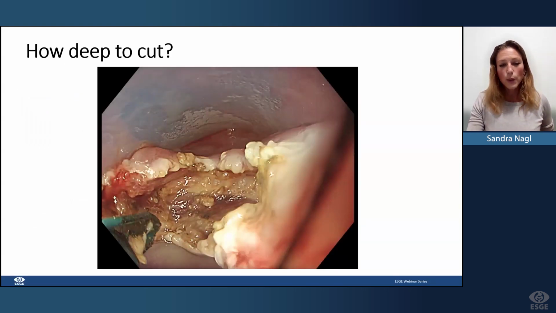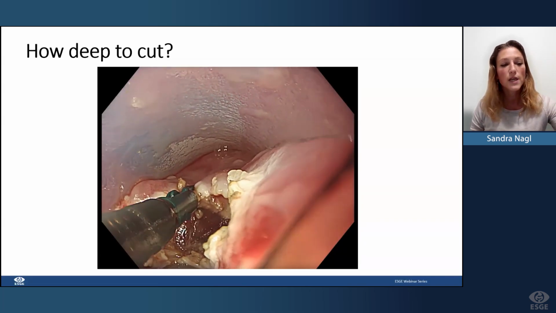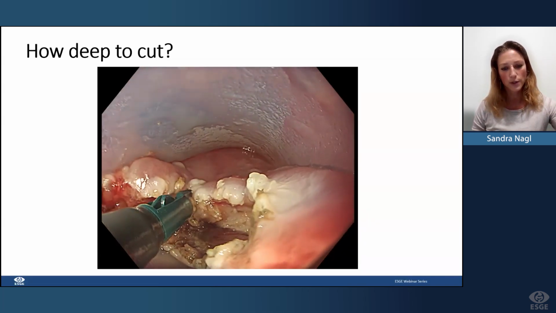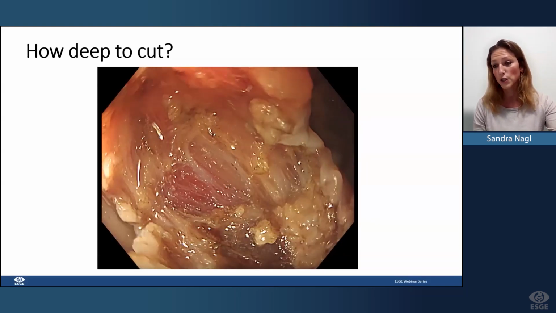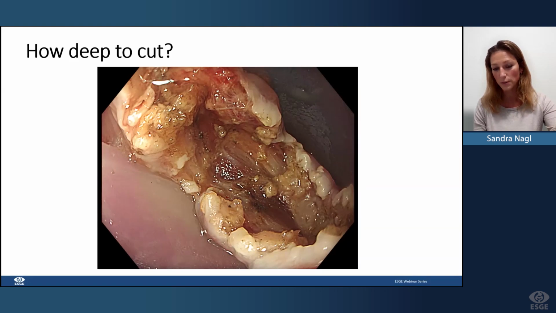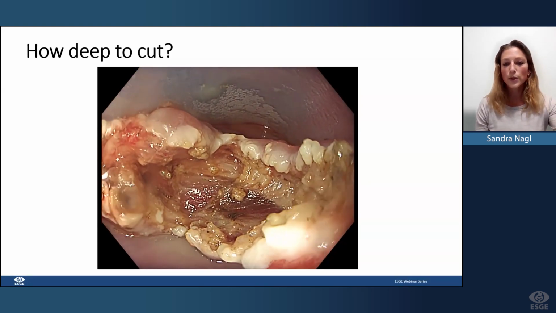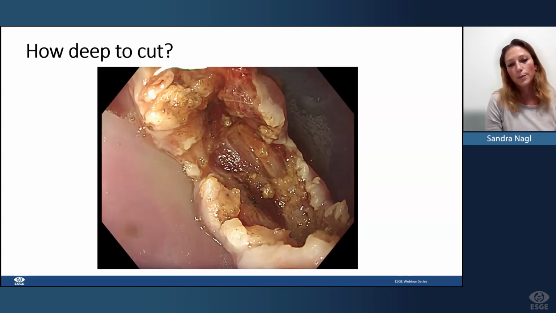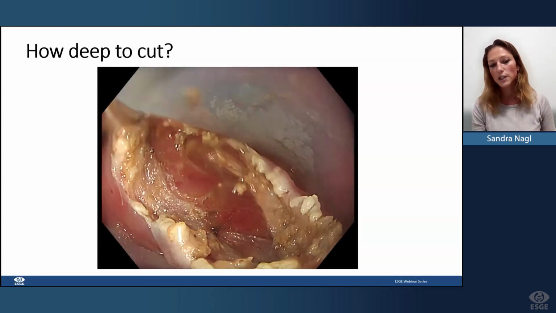The question when we perform flexible endoscopic septotomy is always how deep should we cut, because from a pathophysiological aspect, it makes sense to really cut all the muscle fibers of the cricopharyngeal muscle. The technique of flexible endoscopic septotomy also allows you to reach the bottom of the diverticulum.